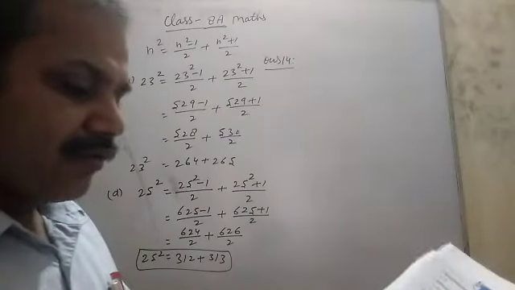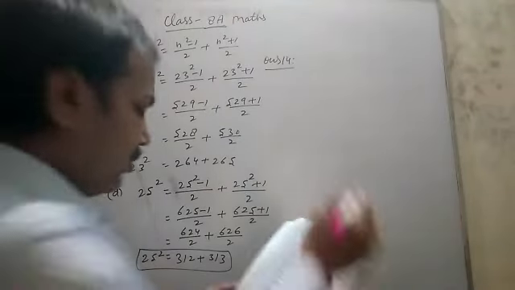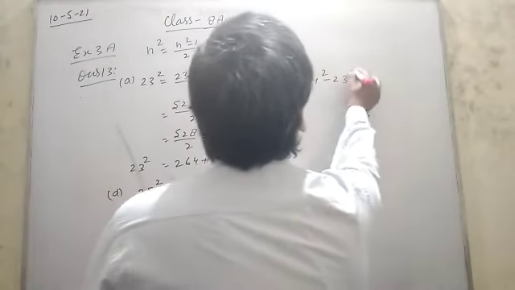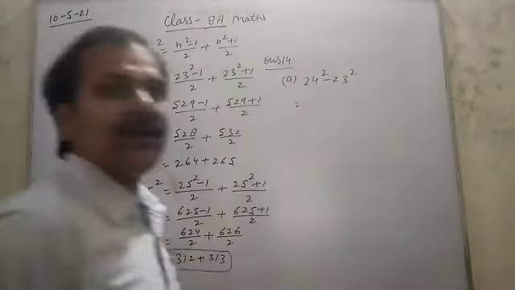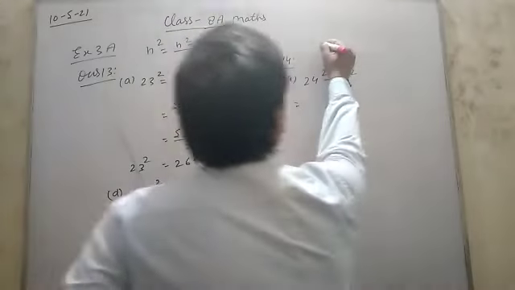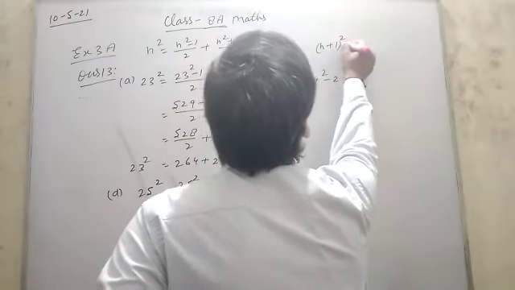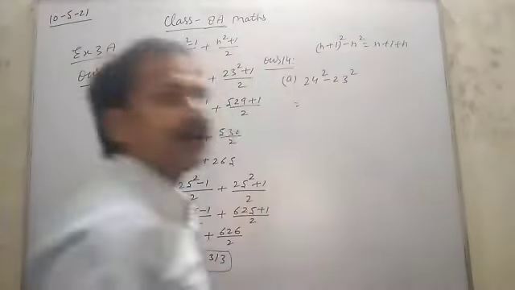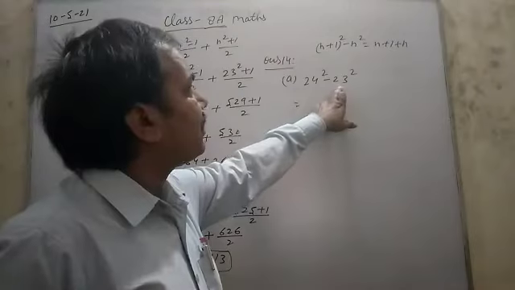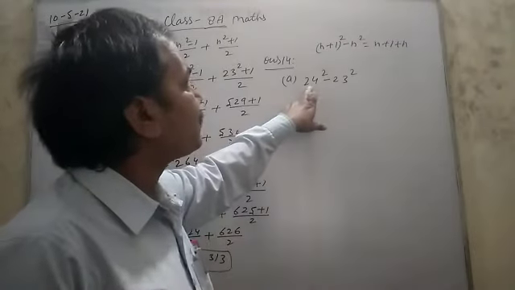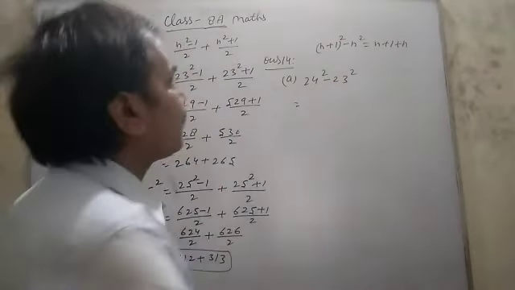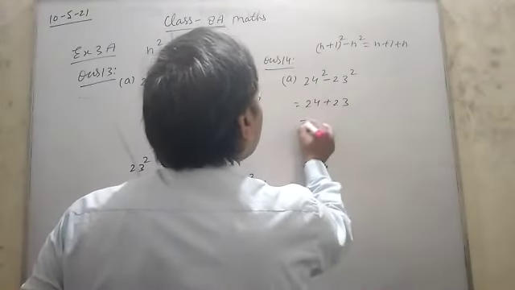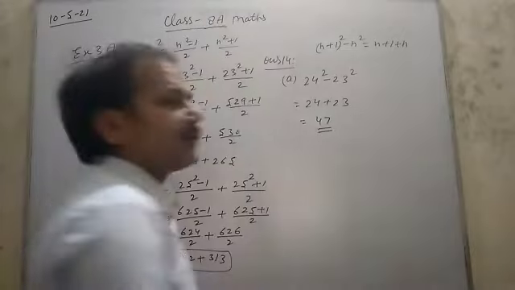Using property of square numbers, find. So first one, 24 square minus 23 square. Okay. So for that the formula is n plus 1 whole square minus n square is equal to n plus 1 plus n. So here n is 23 and n plus 1 is 24. Apply that property. So 24 plus 23 is equal to 47.